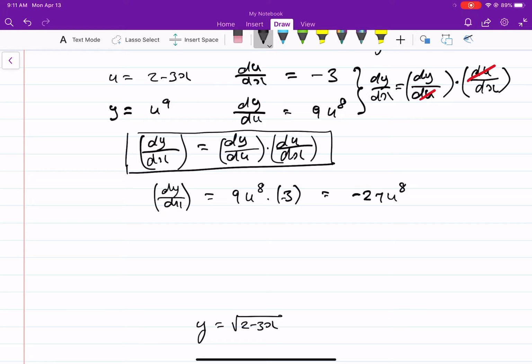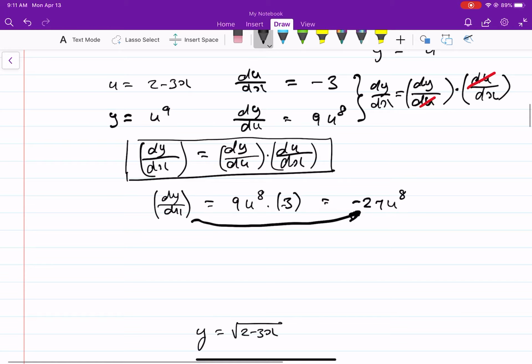One more step, and that would be, because the y function was a function of x, I like to rewrite dy dx also in terms of x. At this point, if you notice, dy dx is in terms of u. So you'll plug back in, remove u, and put back the expression in terms of x that represented u.